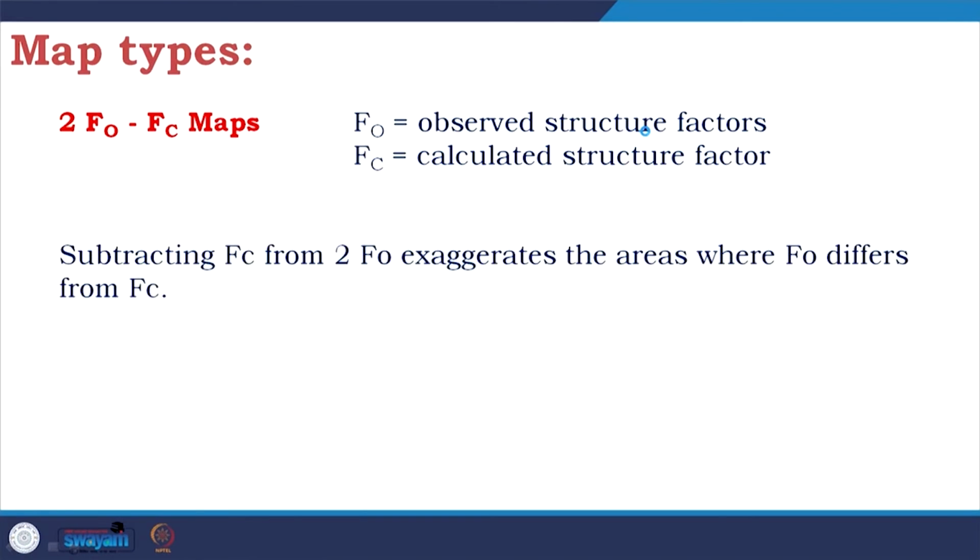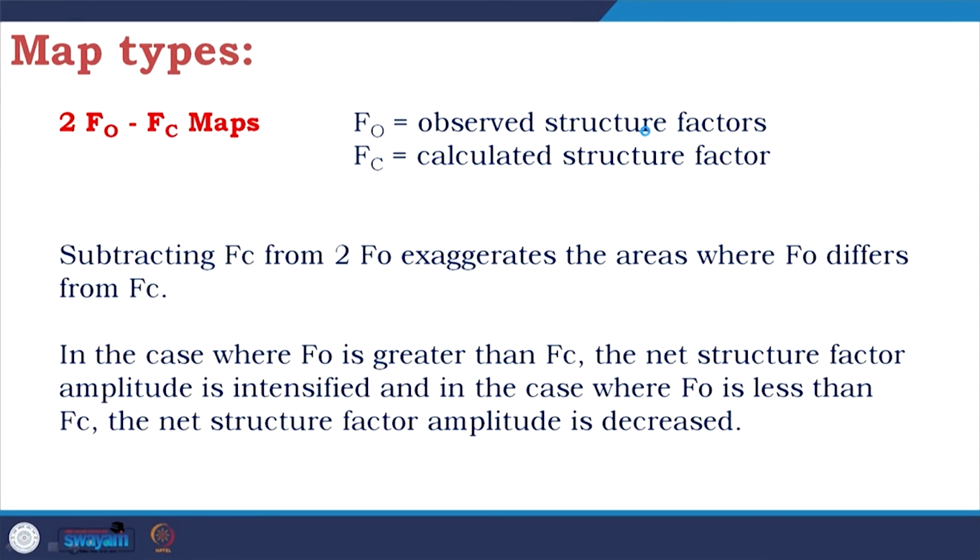Subtracting FC from 2 F0 or F obs exaggerates the areas where F observed differs from FC. In the case where F0 is greater than FC, the net structure factor amplitude is intensified, and the case where the F0 or F observed is less than FC, the net structure factor amplitude is decreased.